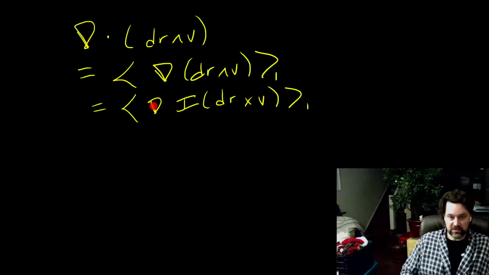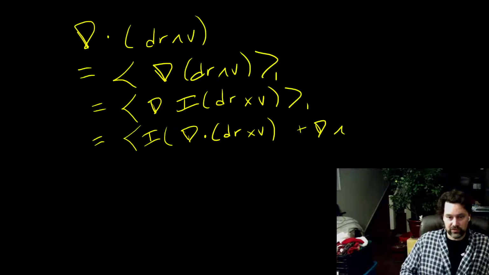And then the gradient is a vector times a vector that has a scalar component and a bivector component. So let's just write this out. I times grad dotted with dr cross v plus grad wedged with dr cross v, and brace scalar select.